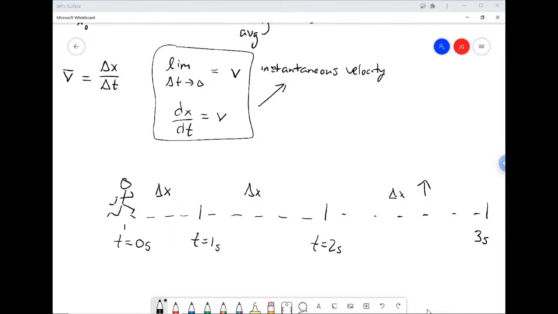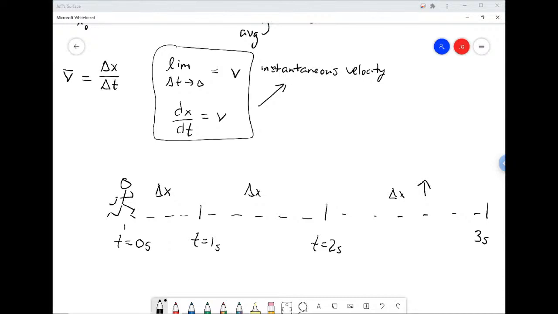So if you used this knowledge to calculate average velocity, you see the average velocity is getting bigger and bigger. So you have a situation where velocity itself is changing. Velocity is a change in position with respect to time. Here we have a situation where the velocity itself is changing with respect to time. And that is acceleration.